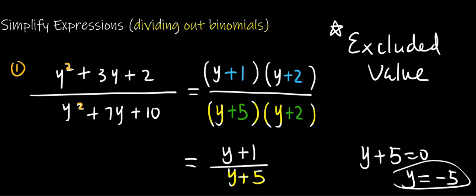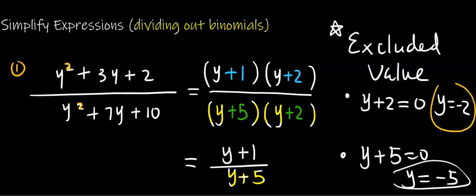Set y plus 2 as 0, so y is negative 2. And y plus 5, we already set earlier, y is negative 5. Therefore, in this case, the excluded values are y equals negative 2 and y equals negative 5.